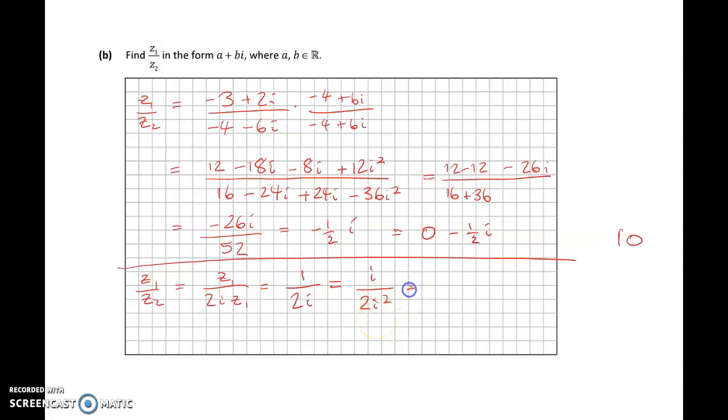It's minus 1, so I end up with i divided by minus 2, and that tidies up to become minus a half lot of i. So writing in that format of a multiple of i, as opposed to seeing i being divided. So that was question 2 of paper 1.